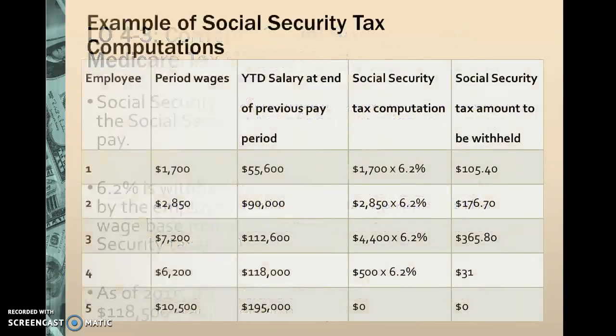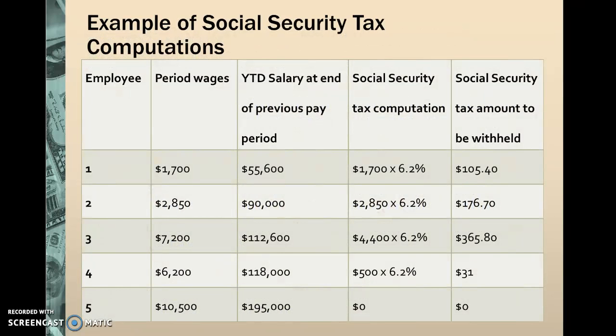Now, some examples of how to calculate this. One thing to keep in mind is that the employer must know the year-to-date salary at the end of the previous pay period. So, for example, if you look at employee number 2, year to date they've earned $90,000. So they're still underneath that threshold of $118,500.